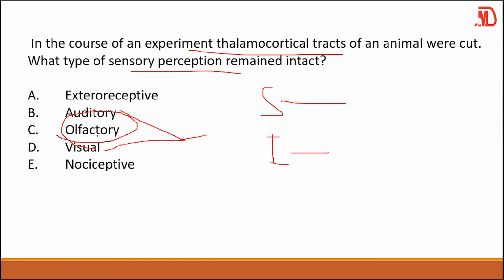From the olfactory stria, the olfactory cortex. From the olfactory cortex, the output targets of the olfactory cortex. So you see, with all of this, I made no mention of the thalamus. That is why the olfactory nerve will still remain intact. If I'm too fast, please rewind the video. The answer is C.